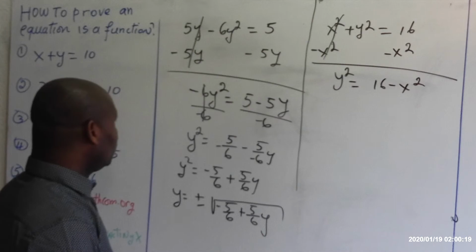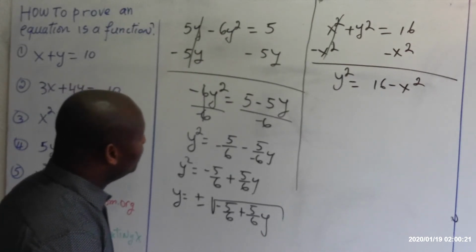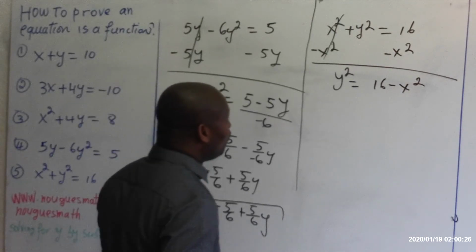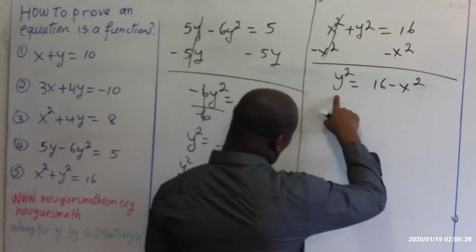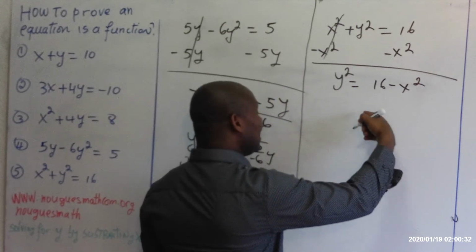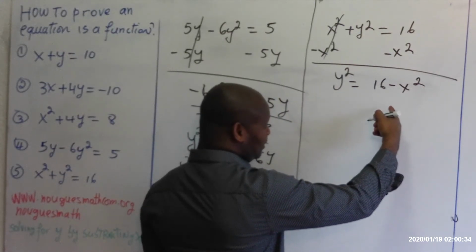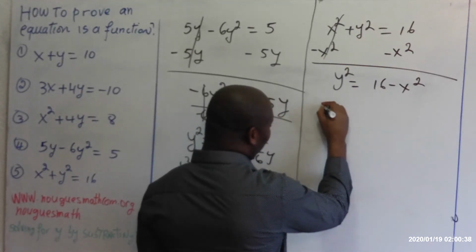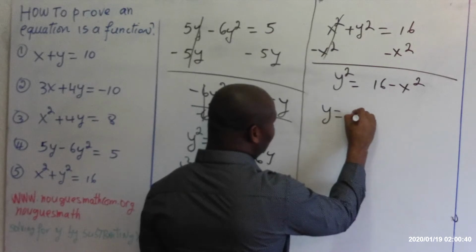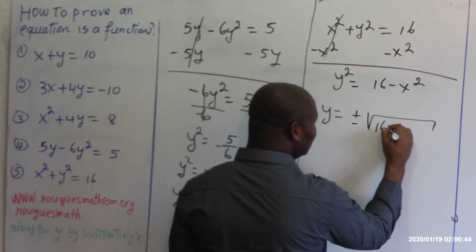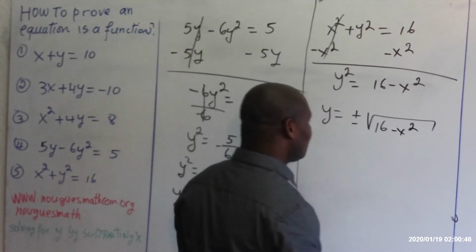Okay. So now we don't have any problem. We just need to solve for y. In order to solve for y, I will come with a plus or minus. So y is going to be plus or minus the square root of 16 minus x squared.